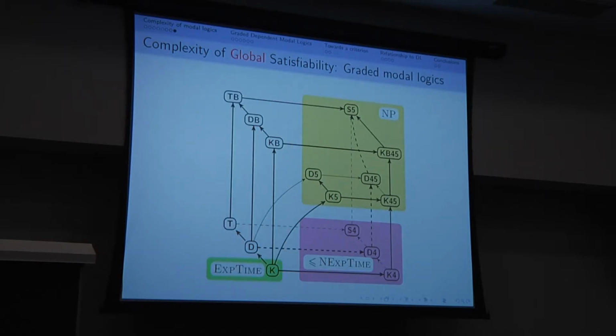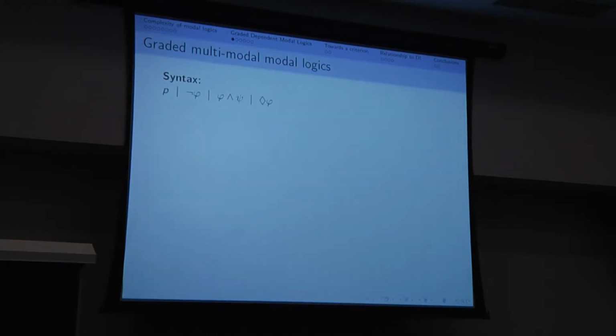For global satisfiability of the graded modal logics, I didn't find many references, so here is an incomplete picture, which I could either obtain by myself or just find the references in literature. Now, these slides were just introductory, just to warm you up.